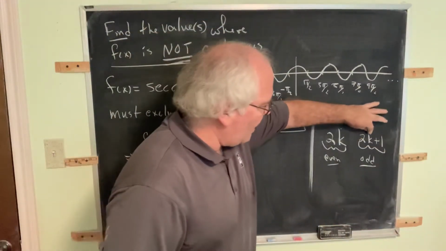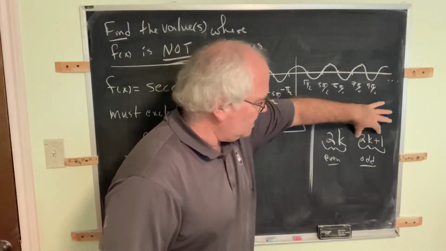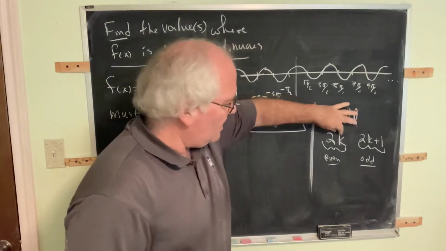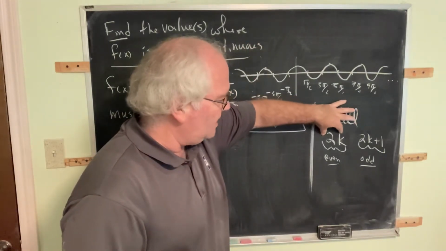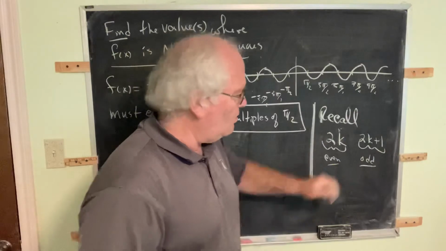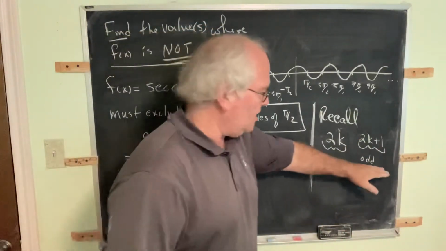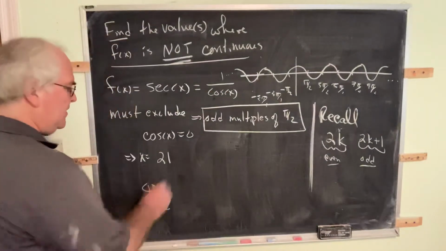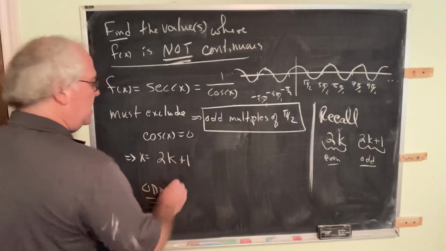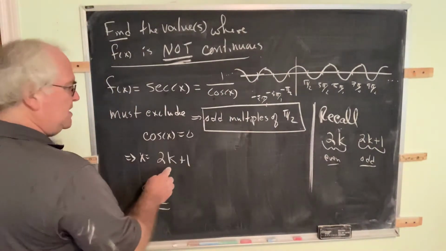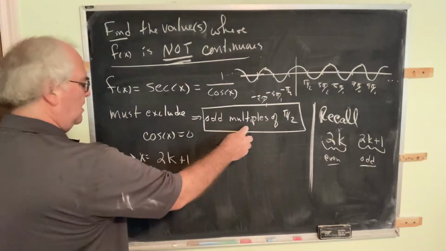So no matter what value of k we select, this is going to end up being an odd number, and 2k is always even. So anytime you want to write the generic formula for an odd number, it's 2k plus 1.